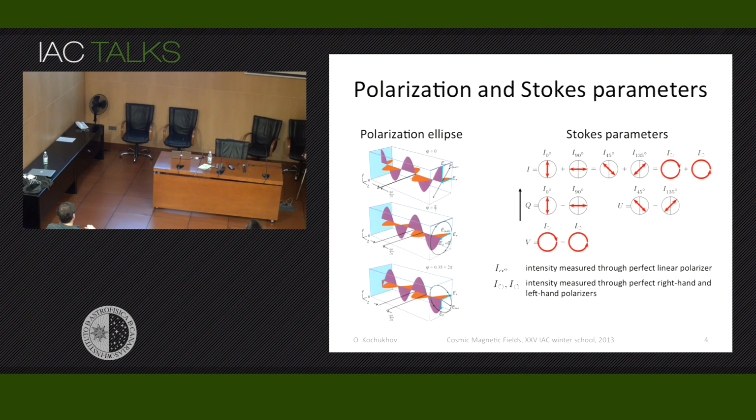And then Stokes U is measured as a difference of the intensity at the angle 45 degrees and at the angle 135 degrees. And then the irregular light, the unpolarized light, Stokes I, would be a sum of each of these situations, like the sum of left and right circularly polarized light.